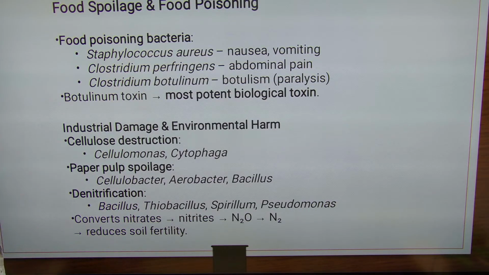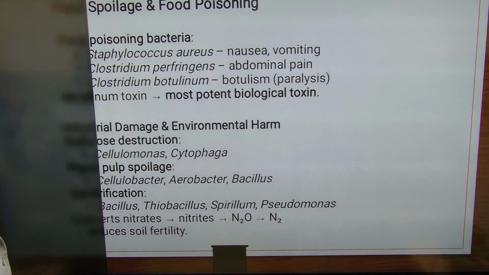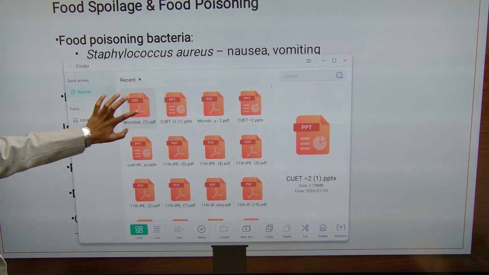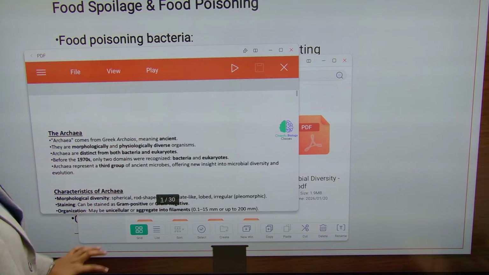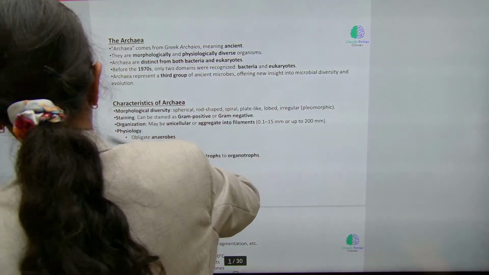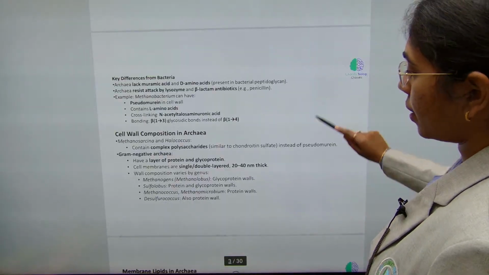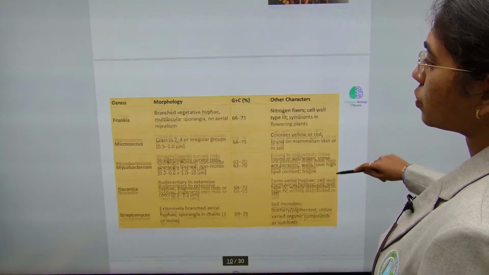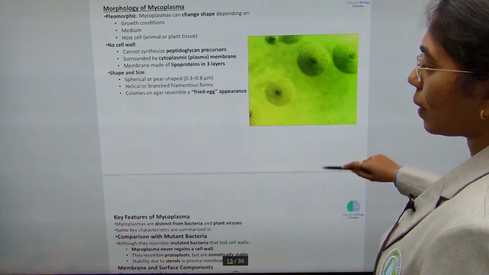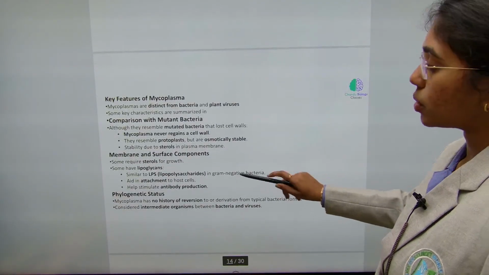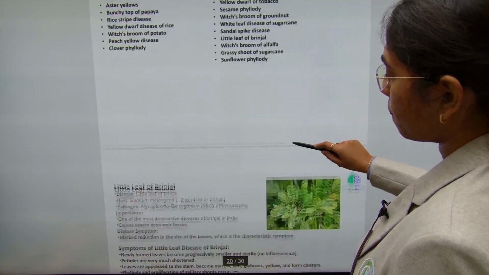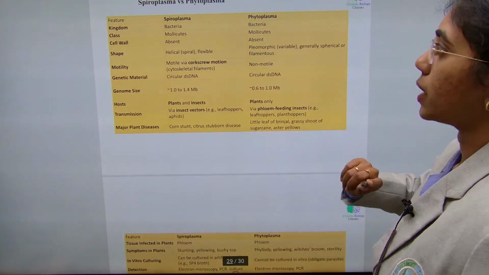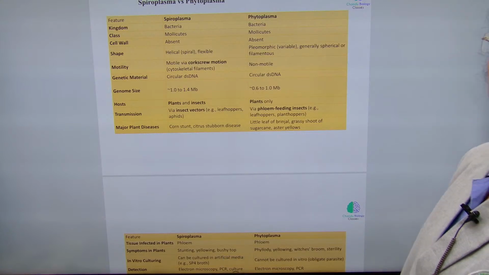And next we have to go through the detailed study of archaea, followed by cell wall layers, actinomycetes, followed by mycoplasmal strains like spiroplasma and phytoplasma, including 2 major bacterial diseases.